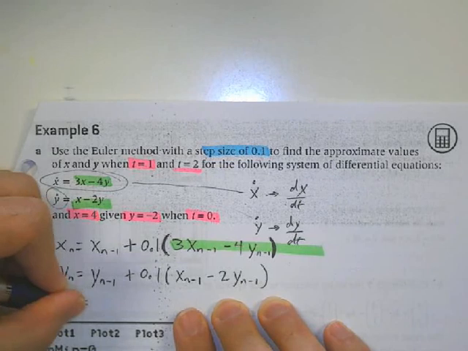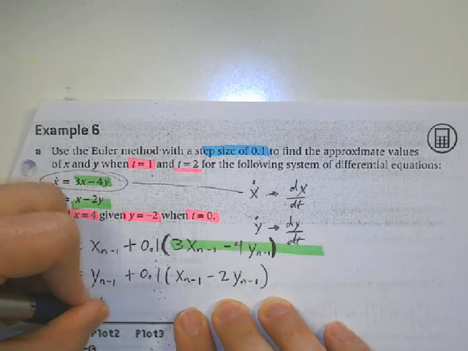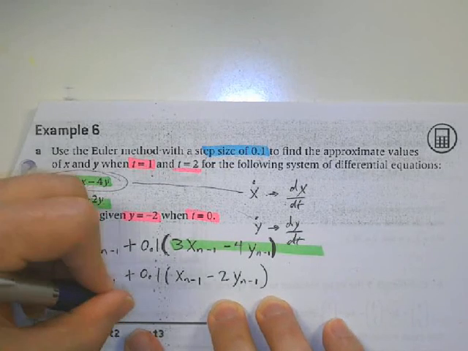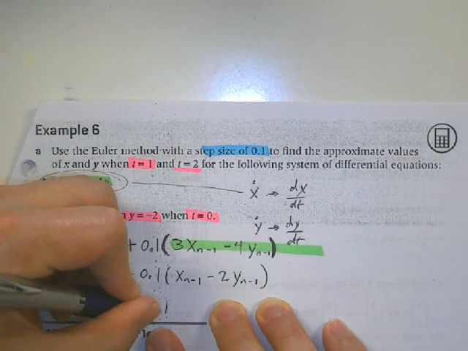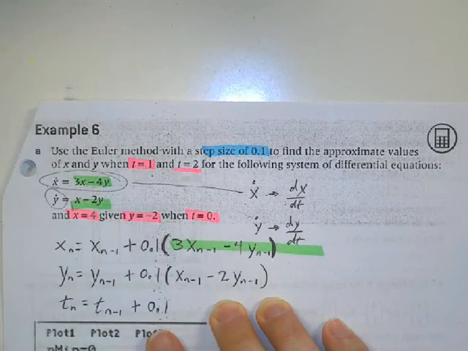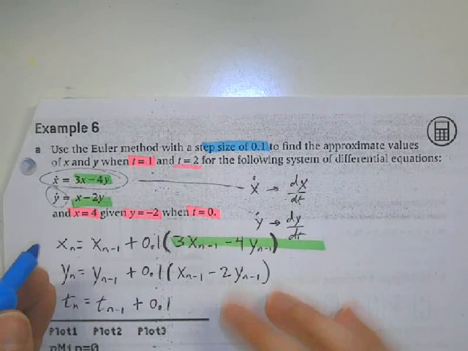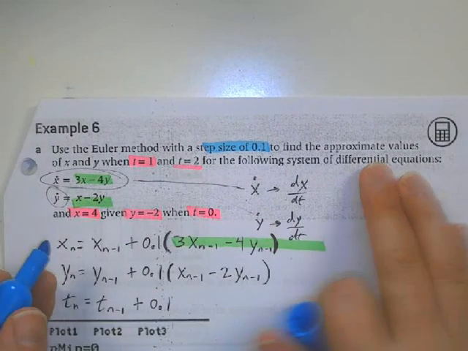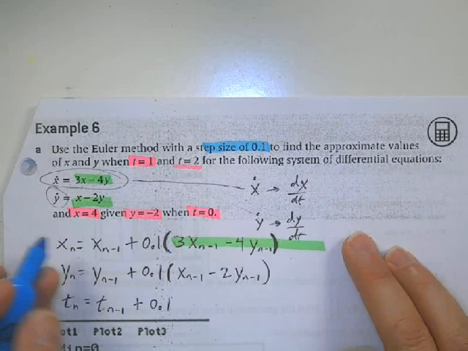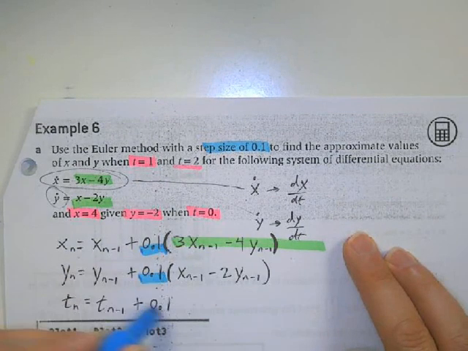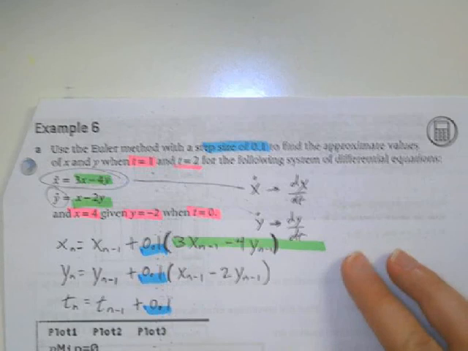This one's not going to really change ever: t subscript n minus 1 plus 0.1. This is going to help us calculate our steps, our estimation of the approximate values of x and y using Euler's method.